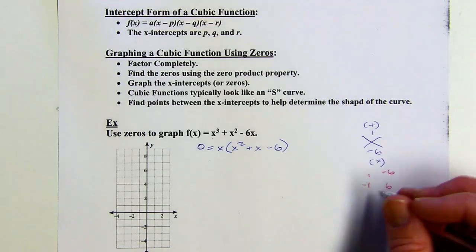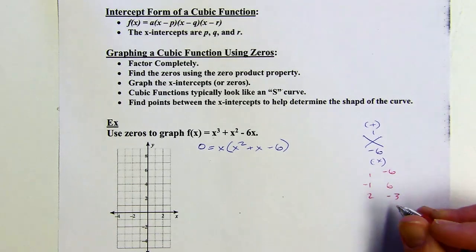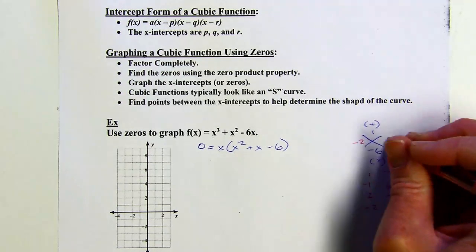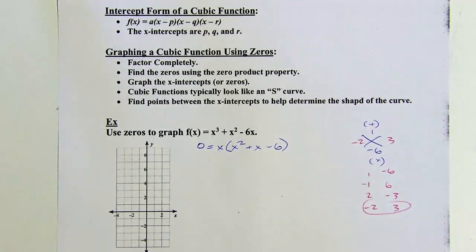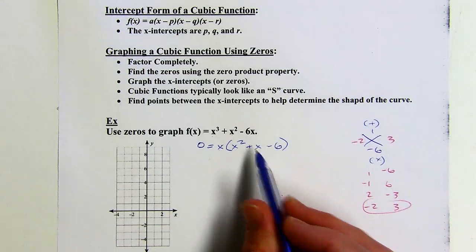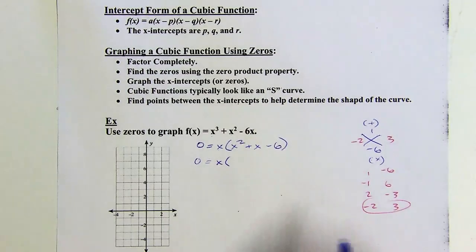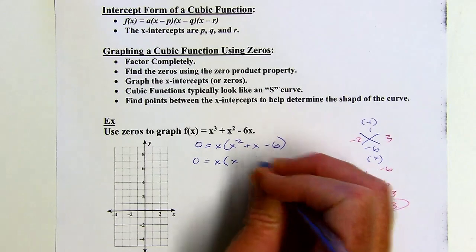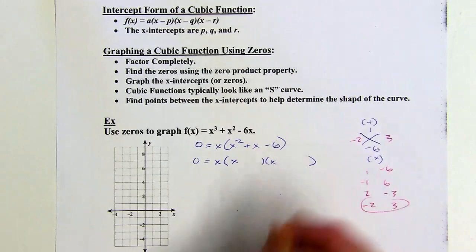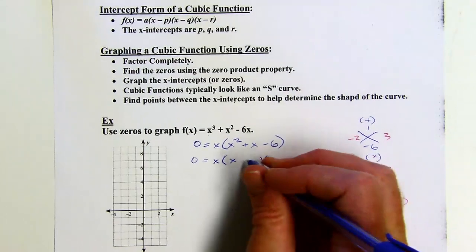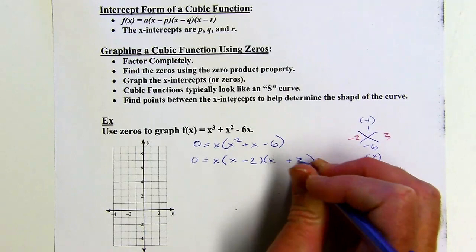That doesn't add up to 1 either. That adds up to negative 1. This adds up to positive 1, and there is my winner. Okay? So that is going to help me to factor this trinomial. It tells me what's going to go in the back of the parentheses. I know I have x's up front because if you FOIL this, that's how you get x squared, right? The negative 2 and the 3 are what goes in the back.